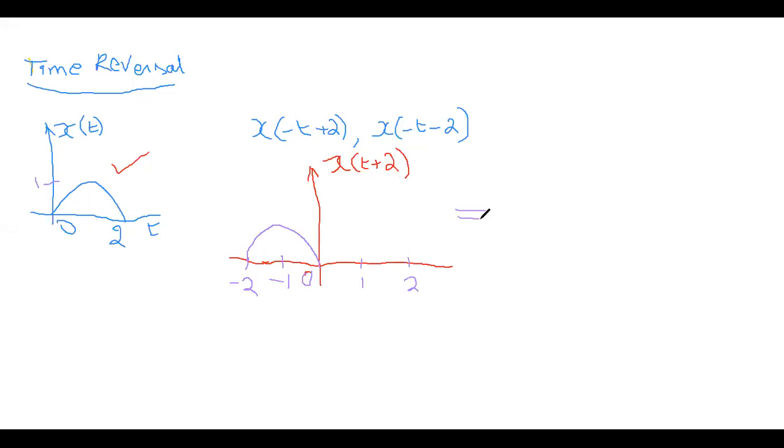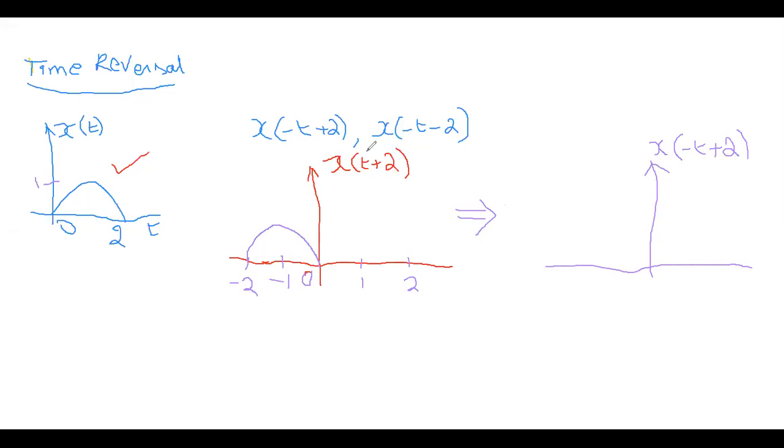Now I am going to apply the time reversal property on this particular signal x of t plus 2. Time reversal means plus t will be replaced with minus t. That is the only difference between x of t plus 2 and x of minus t plus 2.